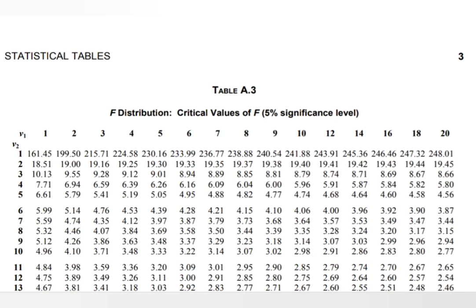This is the critical value table for ANOVA or F test. Here, we know that our alpha level or level of significance is 0.05 or 5%. Our degrees of freedom between the group or V sub 1 is 2. And our degrees of freedom for error or V sub 2 is 8.